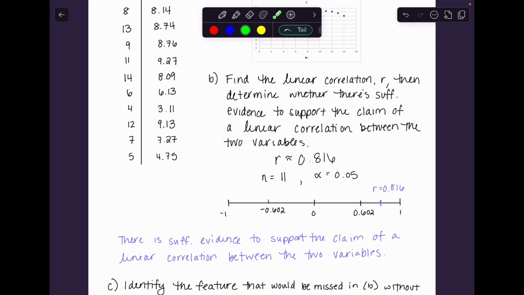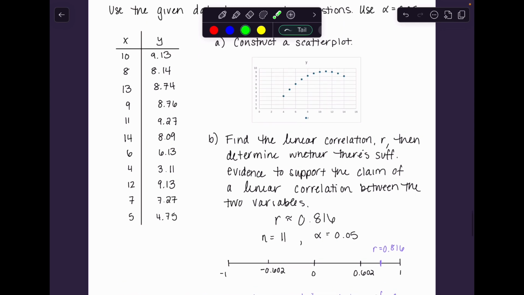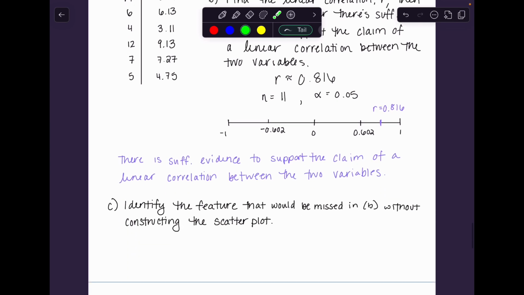Now, what this tells me is there is sufficient evidence to support the claim of a linear correlation, but because we have this scatter plot, we actually know a little bit better. If I just went and calculated R and found the critical values, fantastic, I would think there is linear correlation. But this scatter plot reveals there's actually a different kind of correlation going on.